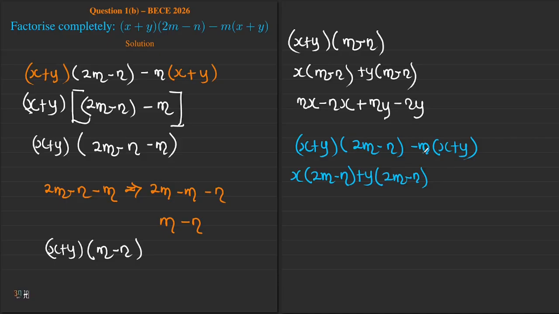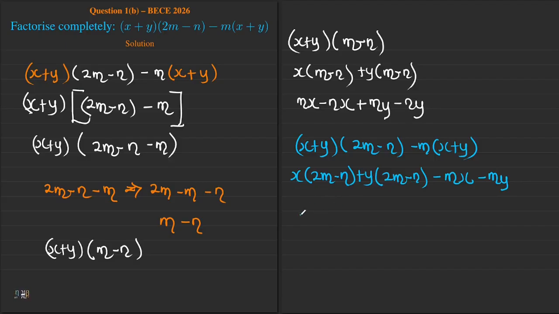So for this, it is a negative m that is multiplying everything we have in the bracket. So you have negative m times x, that gives us negative mx. The negative m times y gives us negative my. Now we'll have to open these brackets as well.